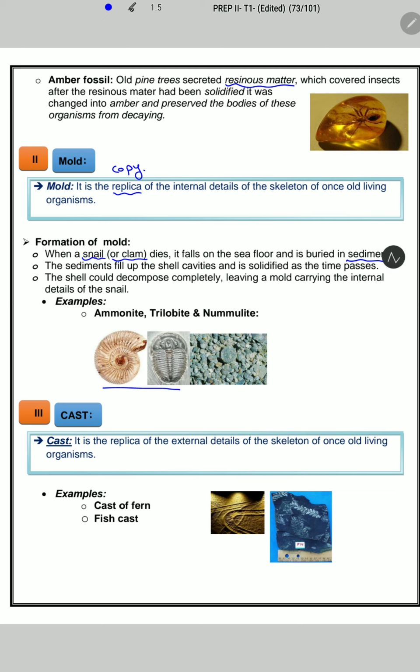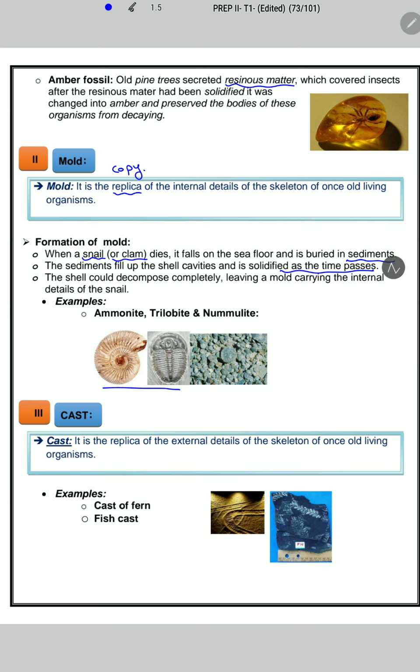What is the meaning of sediments? Like sand particles, like old parts of rocks, and so on. These sediments fill up the shell cavities. They fill the cavities inside the shell, and it becomes very solid as time passes.